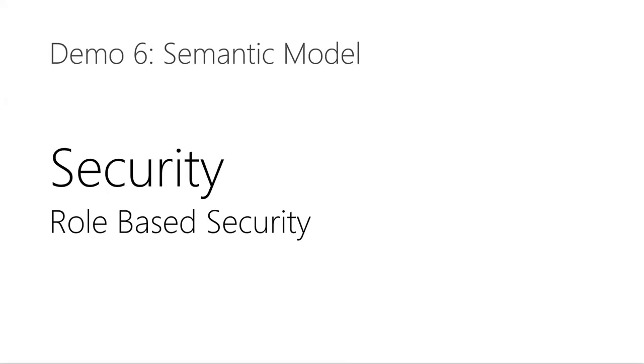For example, just think there are country managers who access the semantic model, and there are regional managers who access the semantic model. The country managers only need to see the records in the semantic model that are related to their particular country.